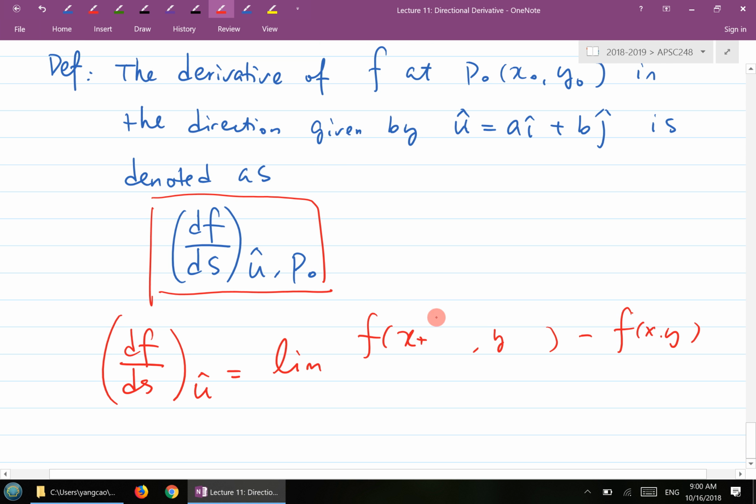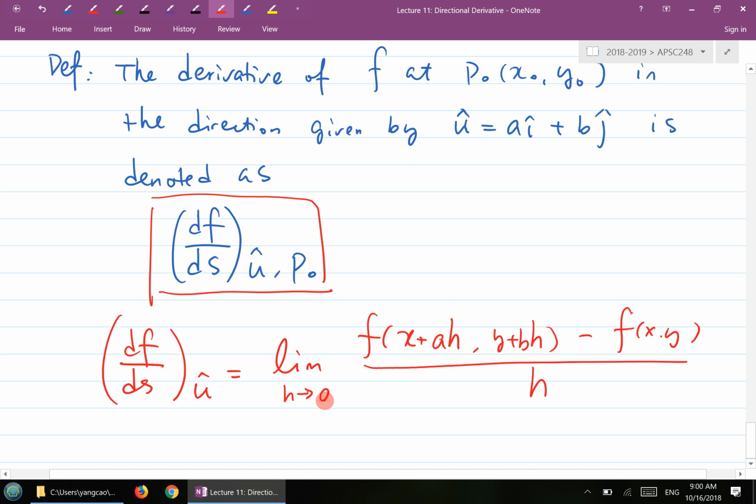So what happens is we move in the x direction by a little bit, a times h, and in the y direction by b times h. So h is a very small value. You basically give a and b a little nudge, and h is the quantity you're nudging it by. And now we let h go to 0.